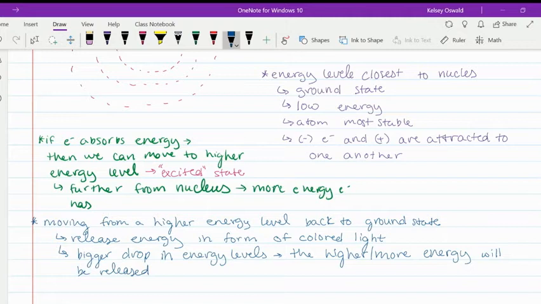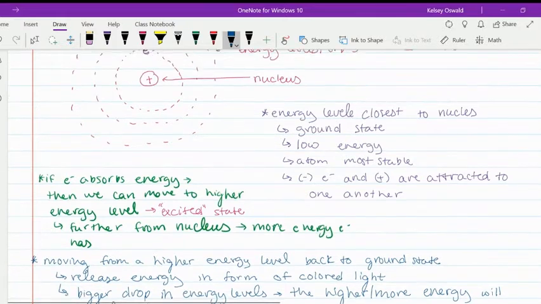Each color that we see in the emission spectra corresponds to a specific change in energy levels.